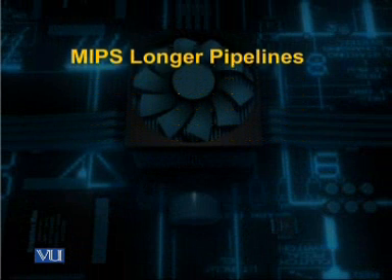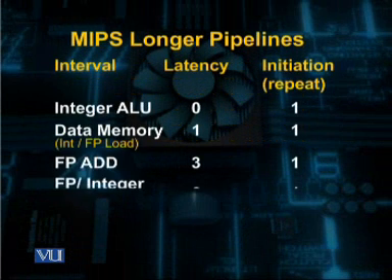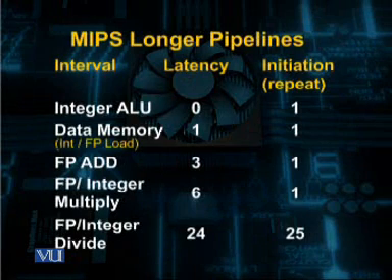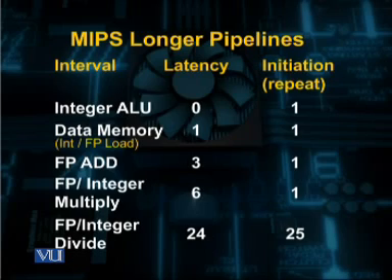Now, with the help of this slide, you can see in general the latency and repeat intervals for different types of functional units which can be used to design a longer latency pipeline circuit. Here we are considering typical structures where the integer type ALU has a latency of 0 and a repeat interval of 1 clock cycle.